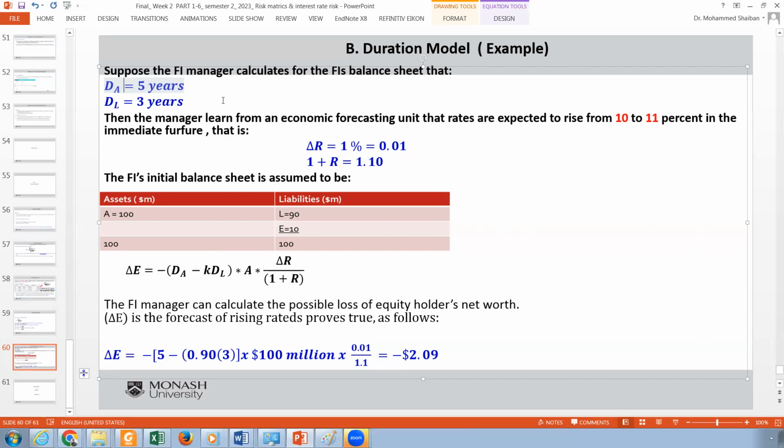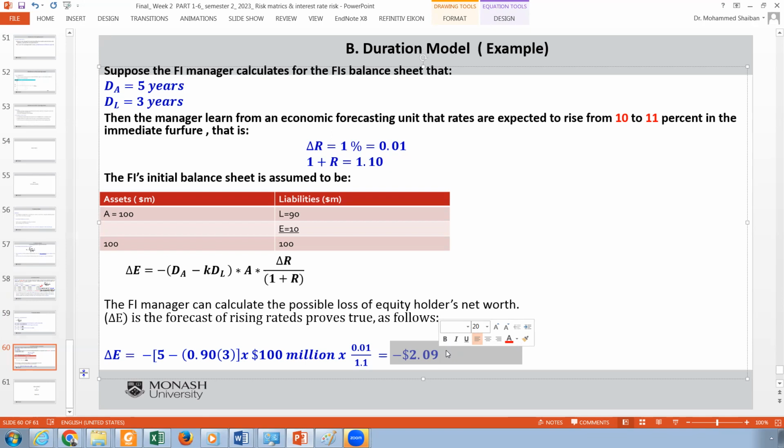But because the duration of the assets is higher than the duration of the liabilities, the losses I make from the decrease in the value of the assets are more than what I gained from the decrease of my liabilities. And this is why the impact on my capital is minus 2.09, which is what happens if the duration of assets is more than the duration of liabilities and the interest rate is increasing.